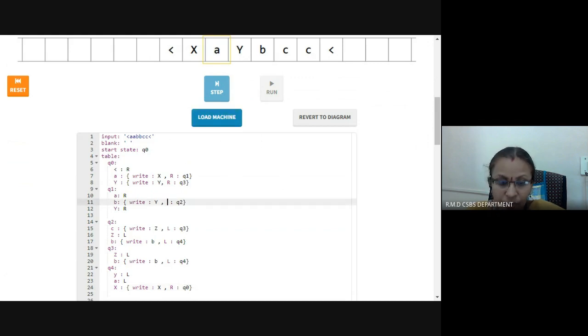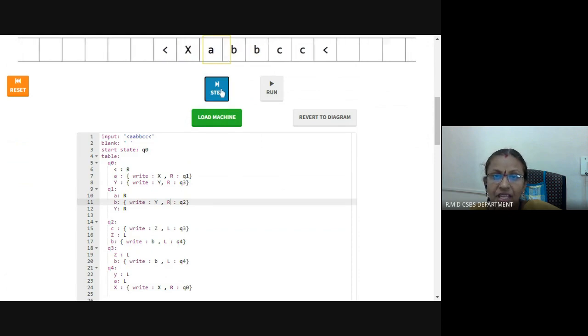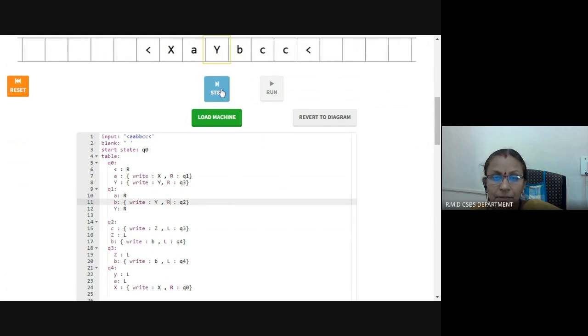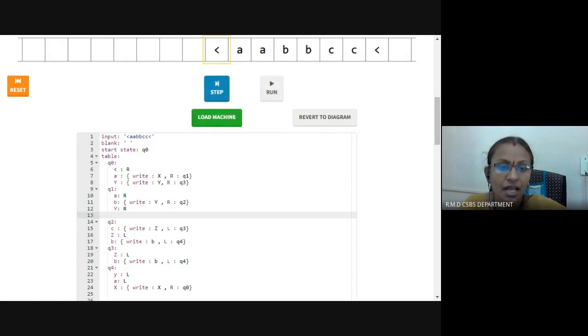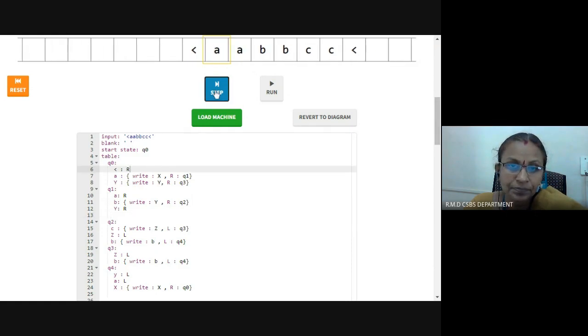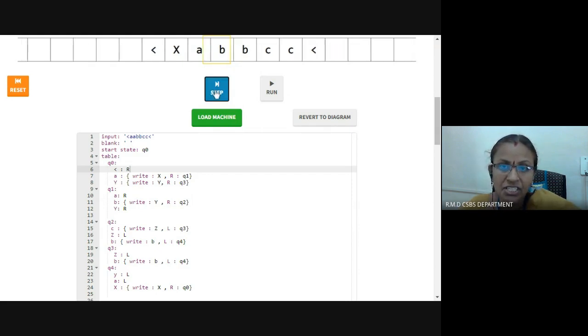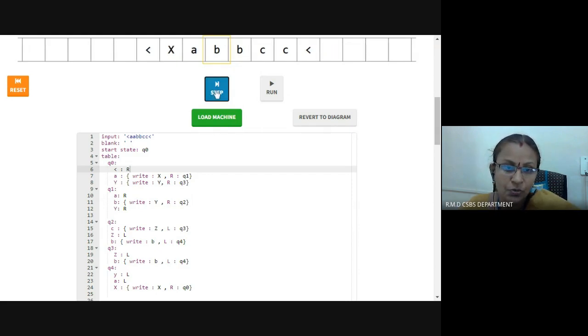We'll load the machine right now. When it is Q naught, you are moving right. When it is A, we are changing it to X and we are moving right. Q1 on A, you are moving right. Q2 on C, it is moving right.